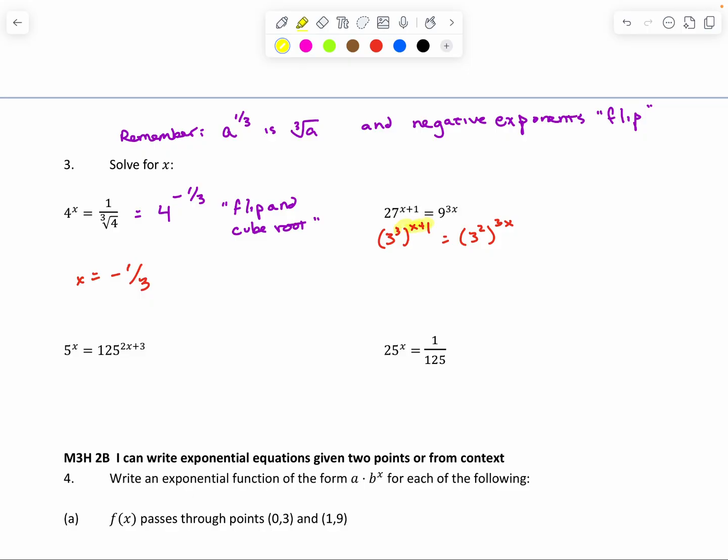Distribute the 3 properly. What is the exponent? It's distributing the 3. It's 3x plus 3.